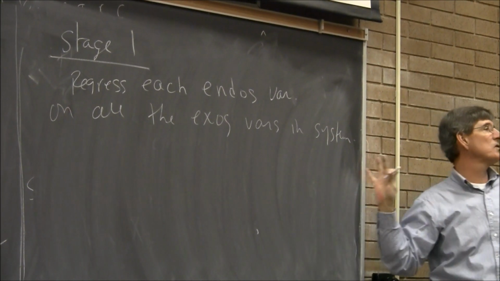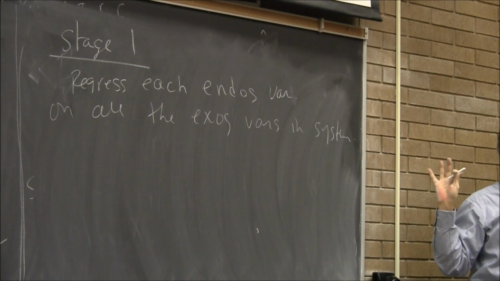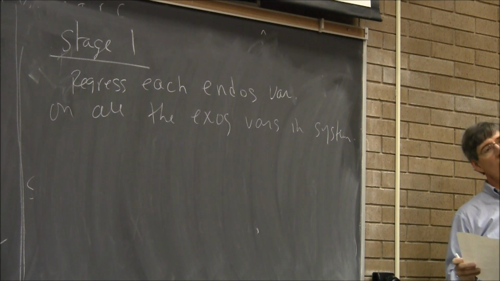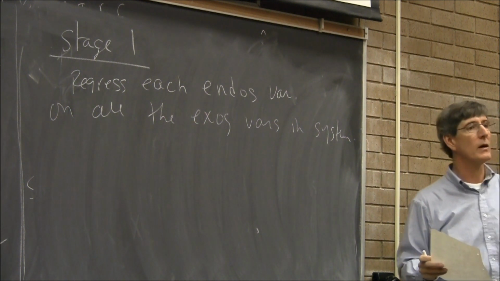This is just the reduced form equations, because that's what the reduced form equations are. The endogenous is a function of the exogenous, and all the exogenous usually appear in all the equations.